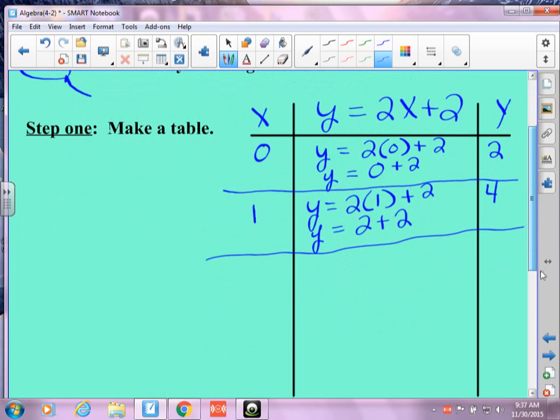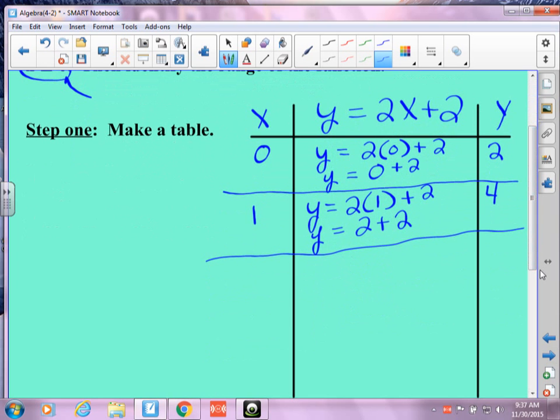Okay, I want 3 dots. So what would be a good number to choose now? Yes? Sure, 2 or 3 or 4 or 5. Could I choose -1? No, why not? Yes. Correct. It has to be bigger than 0 because that's what it told me to do. All right, so I'm going to go ahead and do my math.